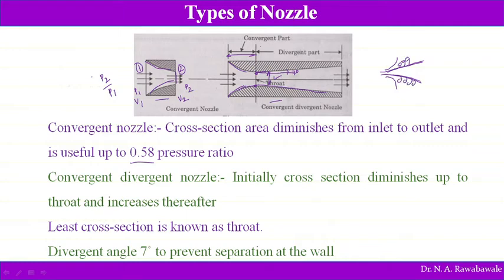To avoid the loss of energy, the cross section of the divergent portion is gradually increased, and that angle is generally 7 degrees.